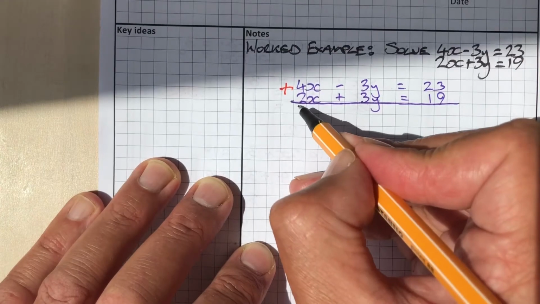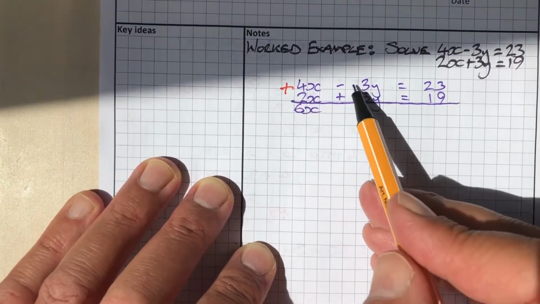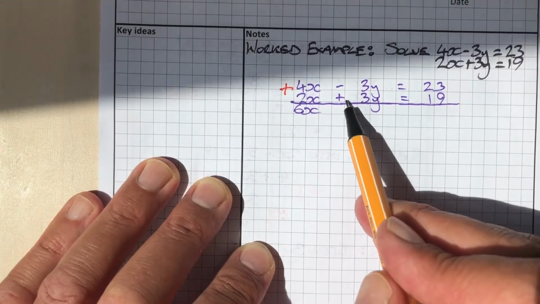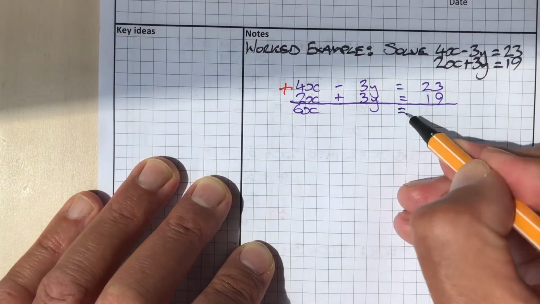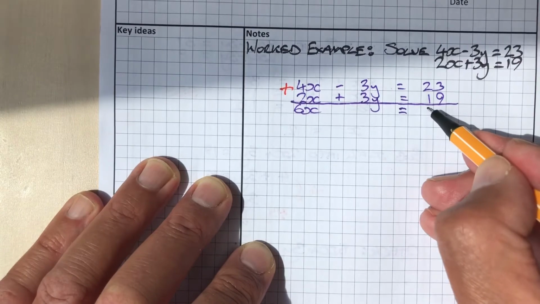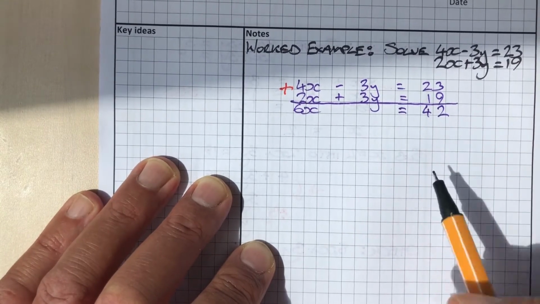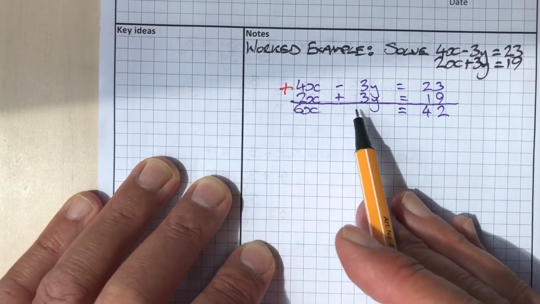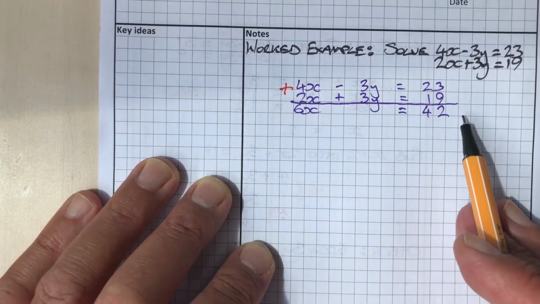What happens if we add these equations? 4x add 2x is 6x. Negative 3y add 3y is nothing. And 23 add 19 is 42. If you get to this stage and you've still got both x and y, you have gone wrong.